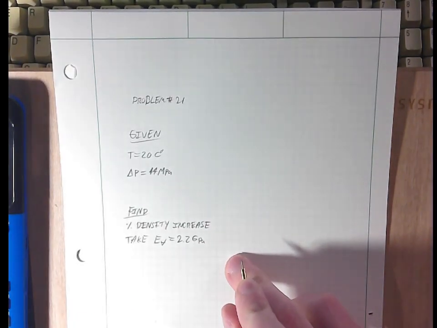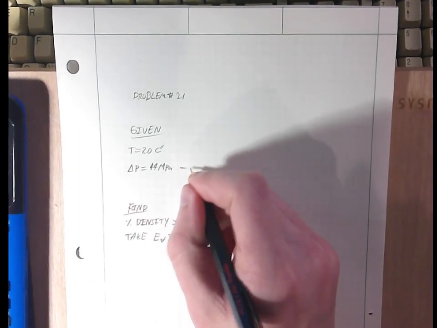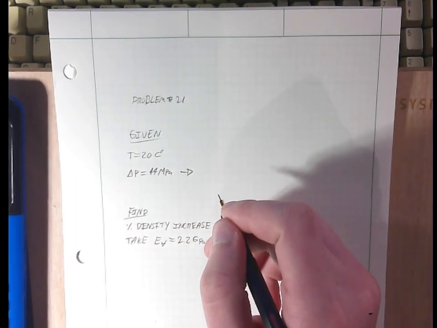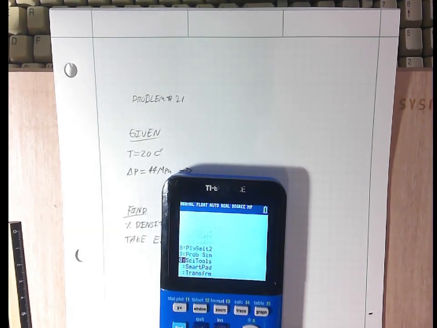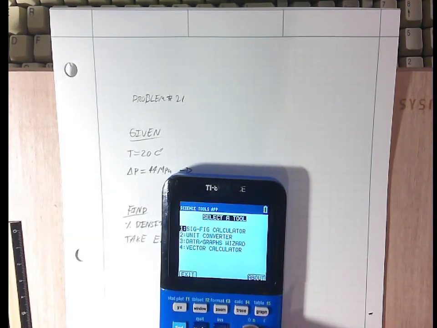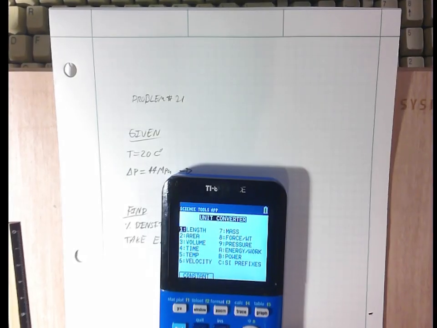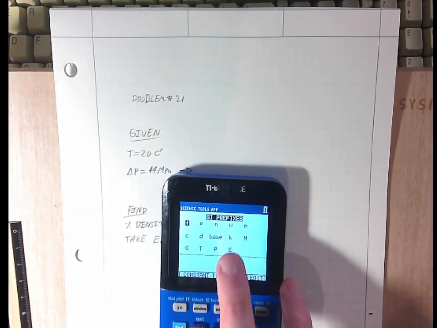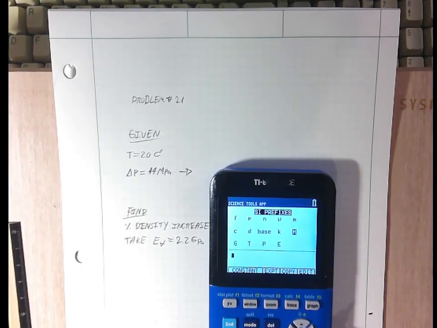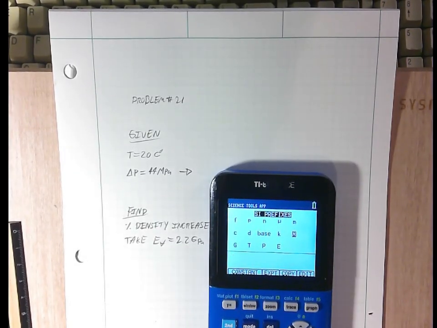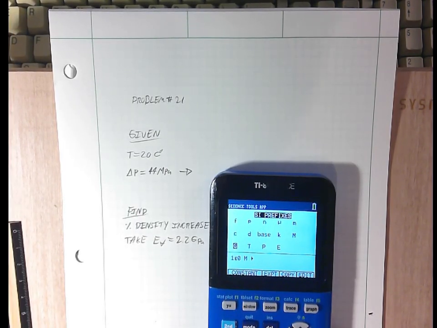GPa. So first thing I want to do is convert this into GPa. So if I go to the calculator and go to apps, Sci Tools, or I just do apps 0, we can go to unit converter, and SI prefixes, and we want to go from, I think it's maybe big M, into giga, right?